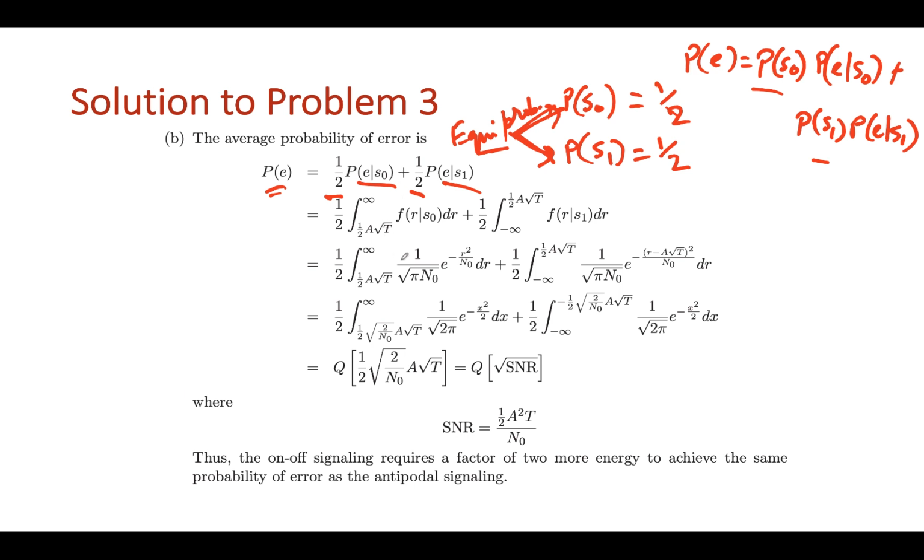The conditional probabilities are nothing but the integral of this PDF from the threshold to infinity and minus infinity to the threshold. So if you look again, this is your threshold, which is half A root T. And here is your signal S1, here is your signal S0.